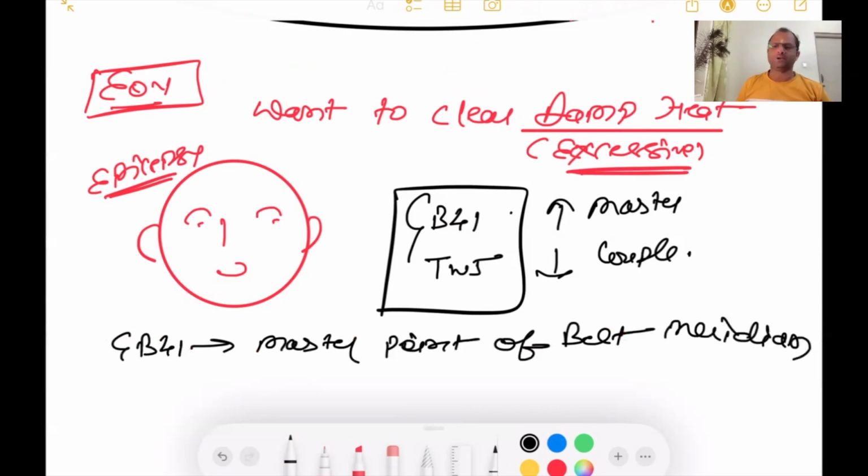It will clear the damp heat and will regulate the chi flow. It's very good for epilepsy. यह epilepsy के लिए अच्छा काम करेगा, right?